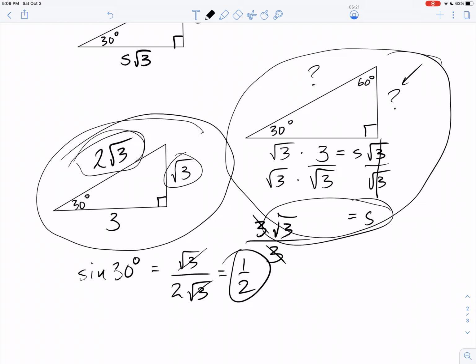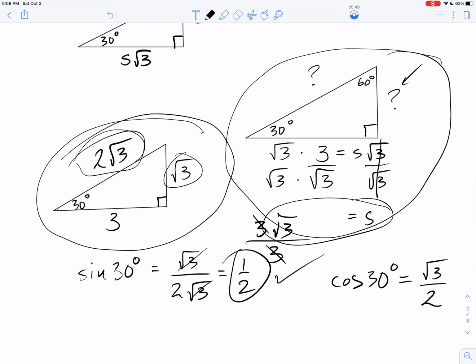When you take the sine of a 30-degree angle, no matter what, your sine answer is always going to be 1/2. Well, what about cosine? Your cosine answer for that 30-degree angle is always going to be rad 3 over 2. Always.